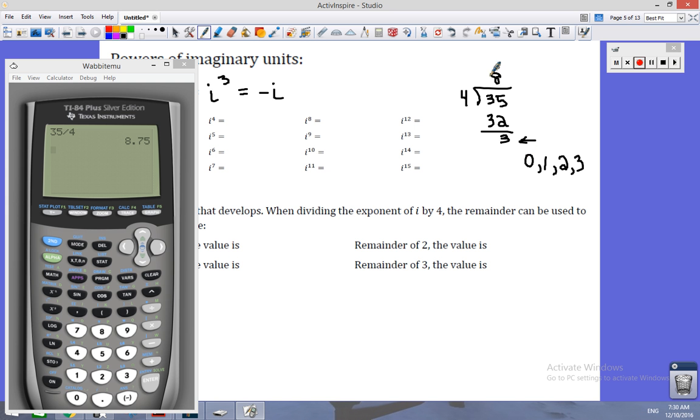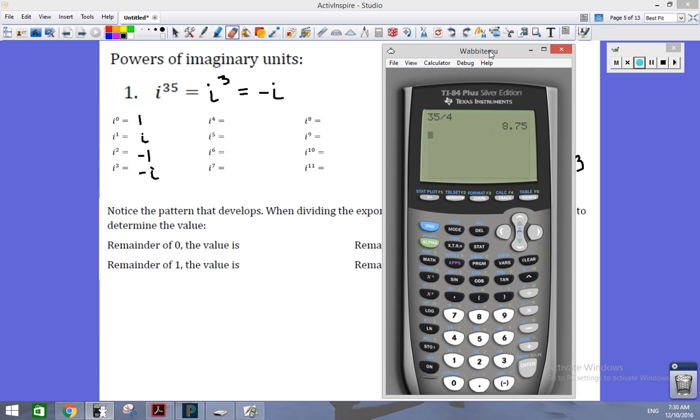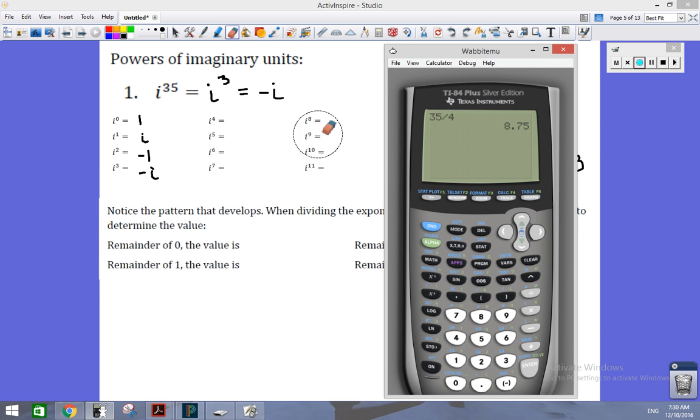So the only possible remainders when you divide by 4 are 0, 1, 2, or 3. If you divide by n, then it's 0, 1, all the way up to n minus 1 are the possible remainders, right?